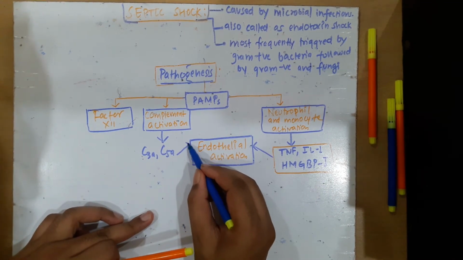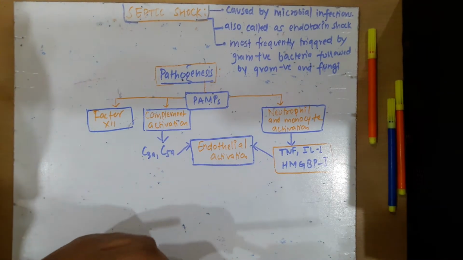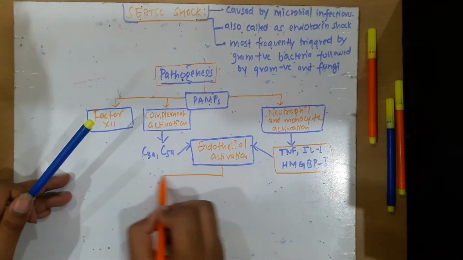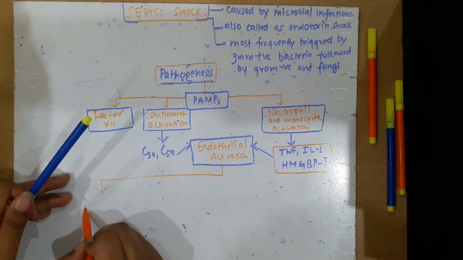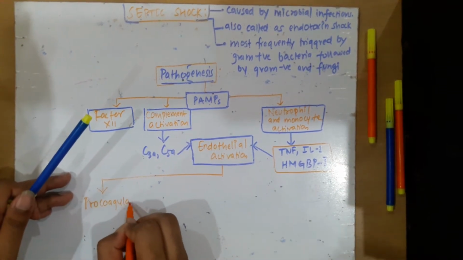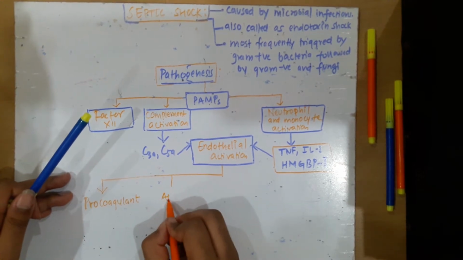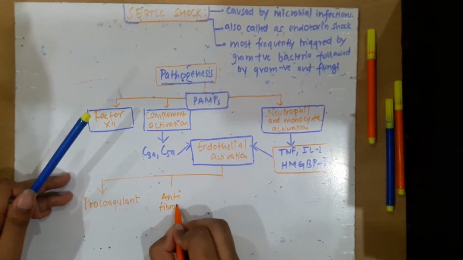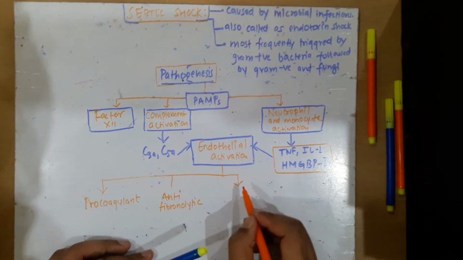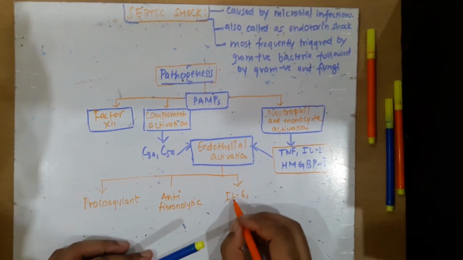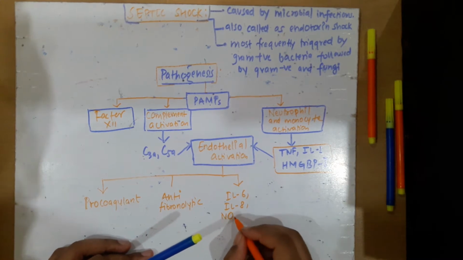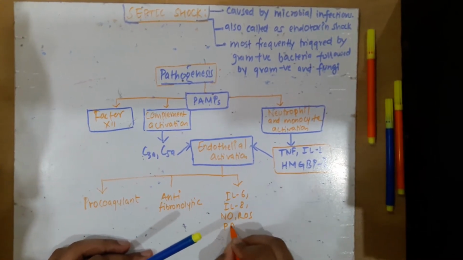The complement activated products C3a and C5a are also causing endothelial activation, and now endothelial activation is resulting in procoagulant, anti-fibrinolytic effects, and release of other factors like interleukin 6, interleukin 8, nitric oxide, reactive oxygen species, platelet activating factor.